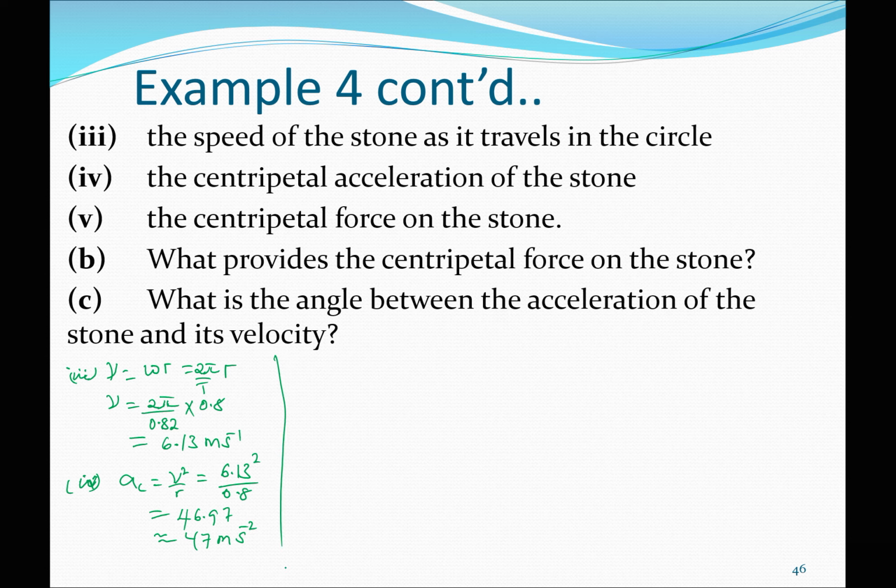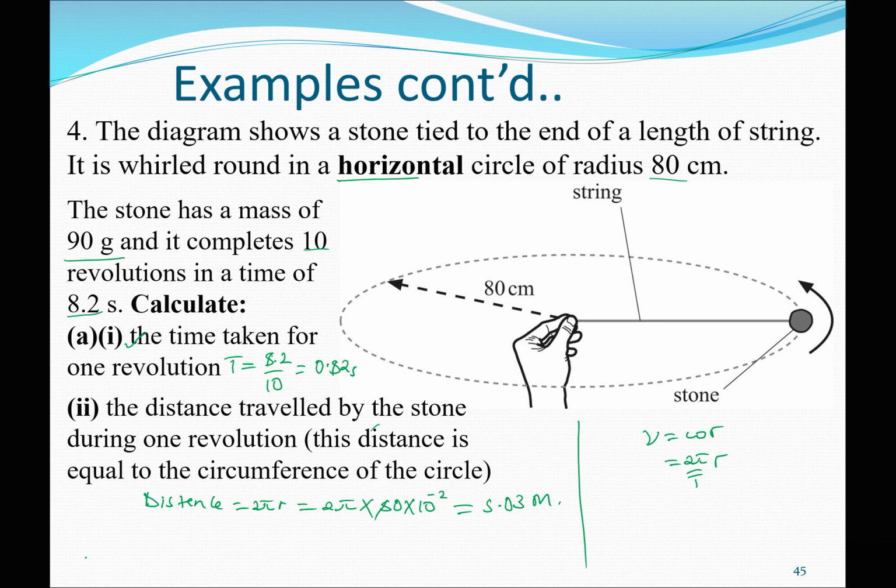Okay. Then part 5, the centripetal force. Of course, centripetal force is equal to the mass times the centripetal acceleration. What was the mass? The mass was 90 grams.